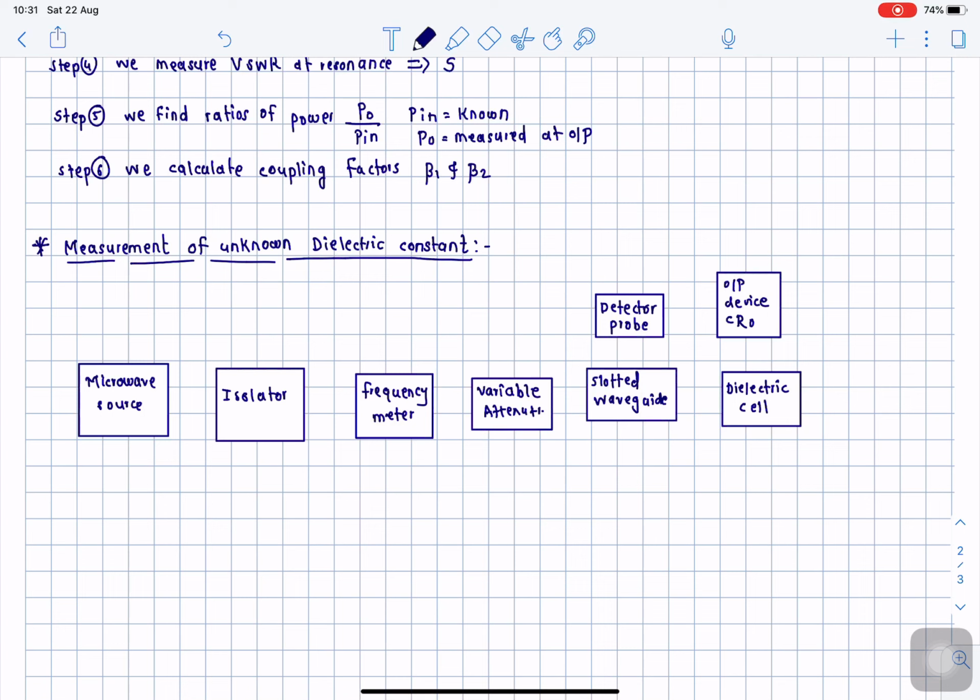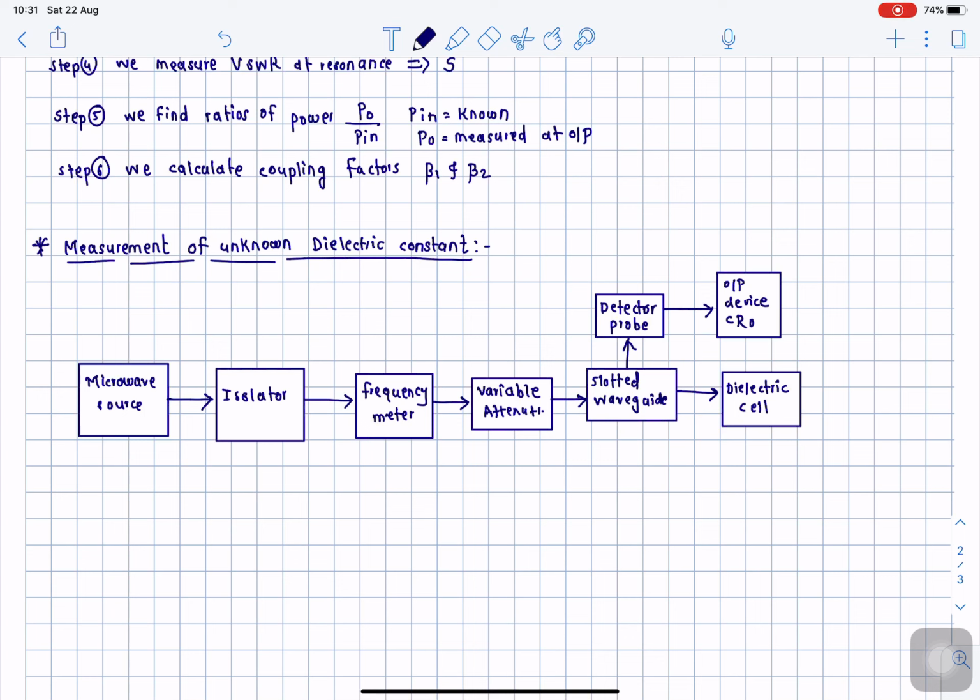Then we are going to connect all these components together, from microwave source to isolator to frequency meter to the variable attenuator, then it is given to the slotted waveguide section, right? And then it is given to the dielectric cell. From here it is connected to the detector probe, and the detector probe is finally connected to the output device.